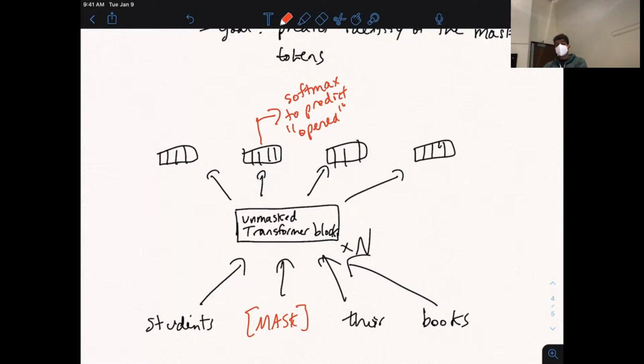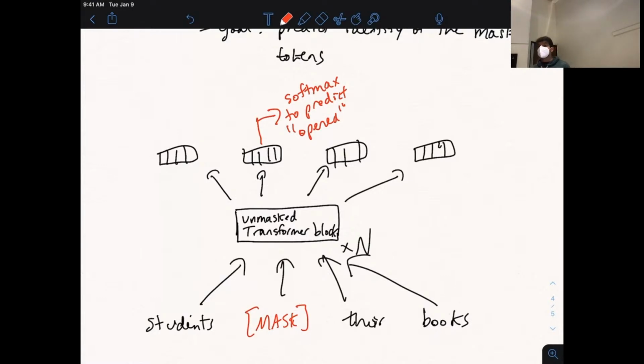In the original BERT paper, they masked 15% of all tokens in the input. So I guess your question was, do you represent those different mask tokens differently? No, you use the same mask embedding for all of them, but remember that you're also using position embedding. So you will know that this mask token occurred at this position compared to this other mask token. That's how the model can differentiate them.